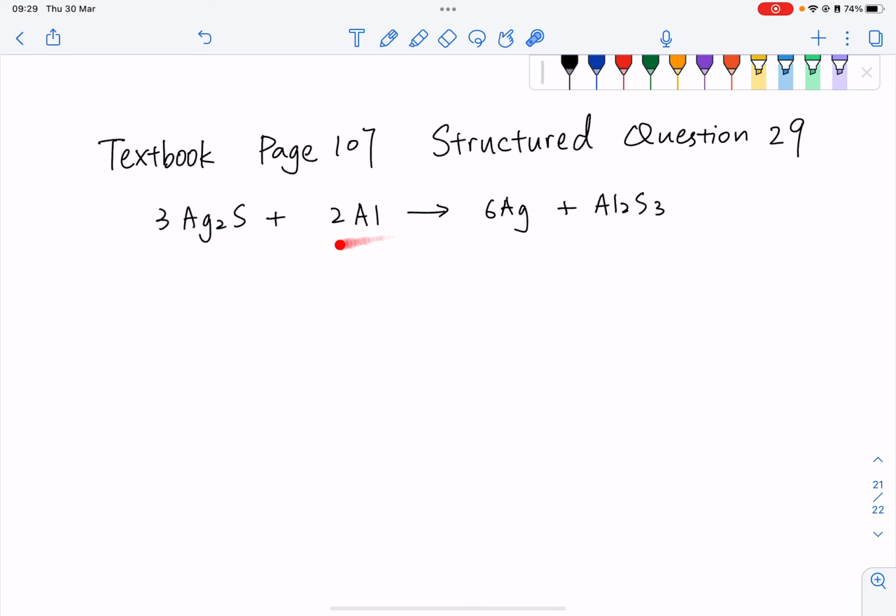So we use aluminum in the reactions below, and it told us the mass of braces decreased by 0.0128 in the cleaning process. So it's actually turning from silver sulfide to silver here, right?